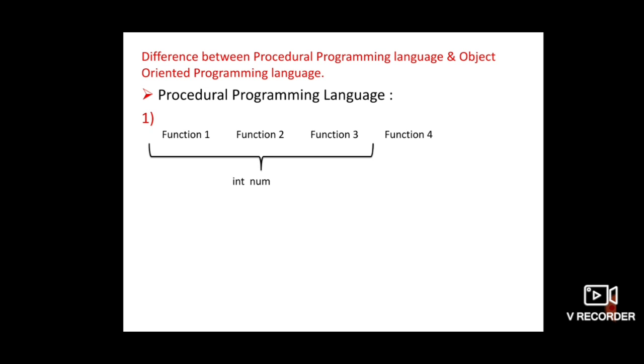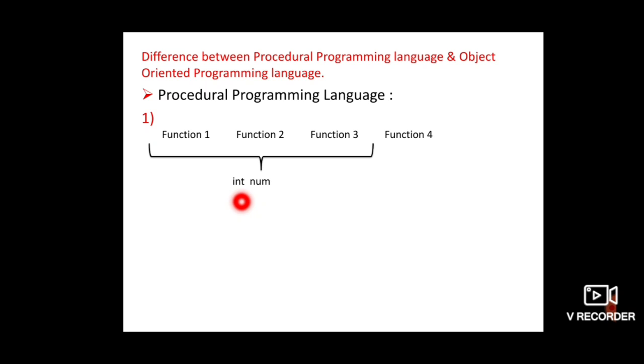Understood, student? See, this int num variable is used only in the first 3 functions. So we can declare this variable in 2 ways. First, declare int num in function 1, function 2, function 3. After declaring this num variable in every function, what will happen?